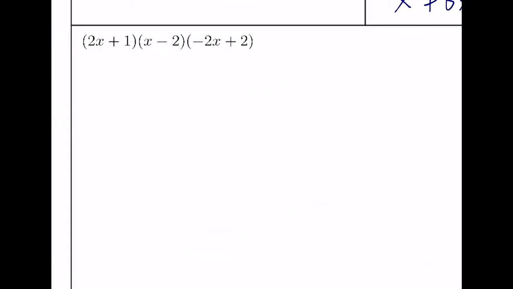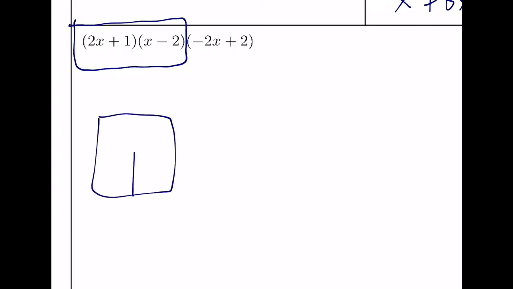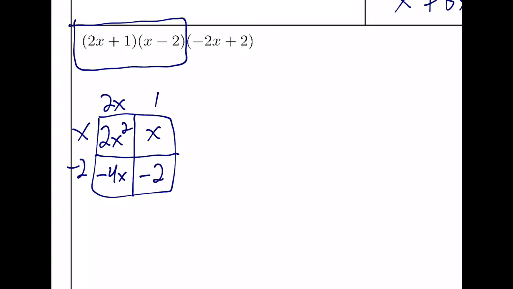This last problem is a binomial times a binomial times a binomial. And you have to do this in 2 different steps. So first, we're going to multiply these first 2 binomials. We set up our box. 2x, 1x, negative 2. And I multiply rows by columns. 2x squared, negative 4x, x, and negative 2.